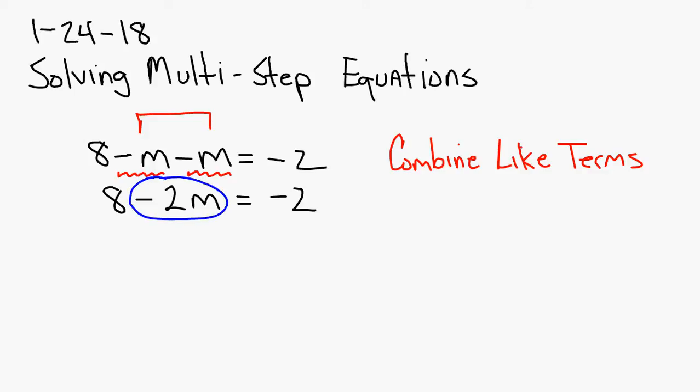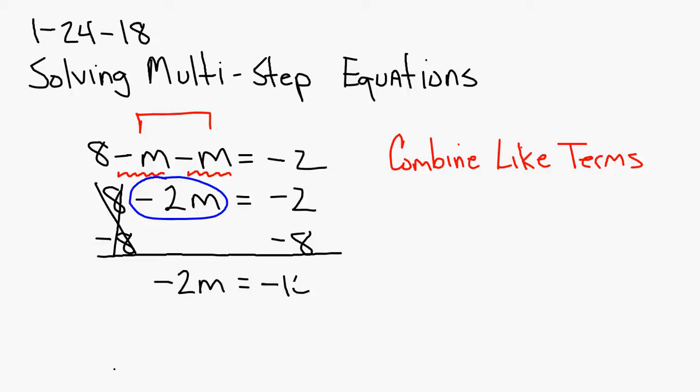To isolate it, you subtract 8 from each side. The negative 8's cancel on the left-hand side, the negative 2m comes down, and it's equal to negative 2 minus 8, which is negative 10.